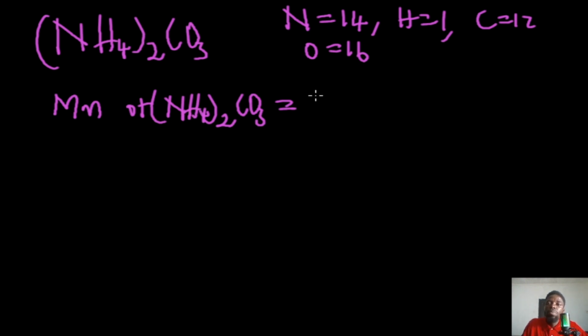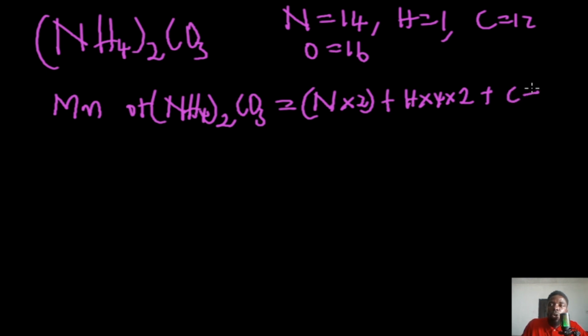How many nitrogen atoms do we have? We have 2 nitrogen atoms, plus how many hydrogen atoms do we have? We have 4 times 2 hydrogen atoms, so that's hydrogen times 4 times 2, plus 1 carbon atom, plus oxygen multiplied by 3.